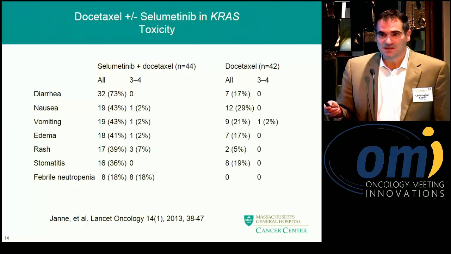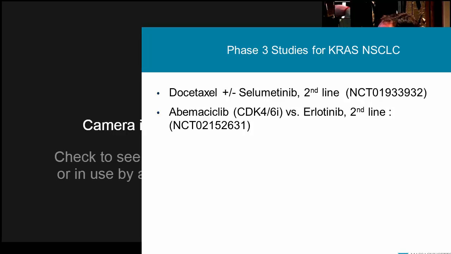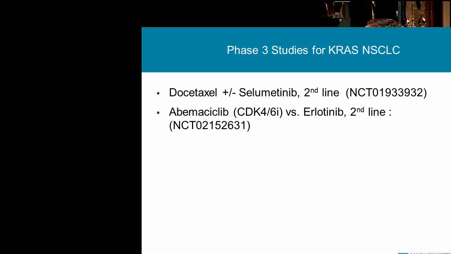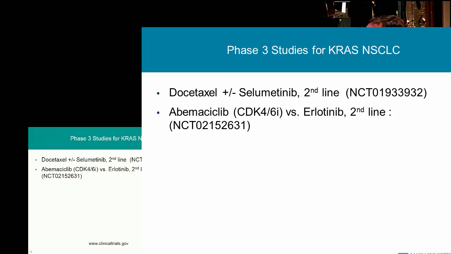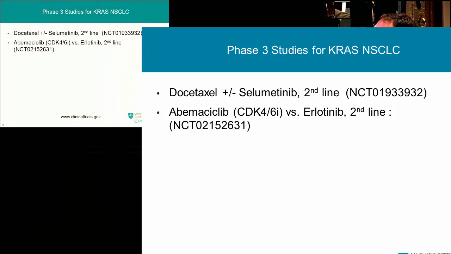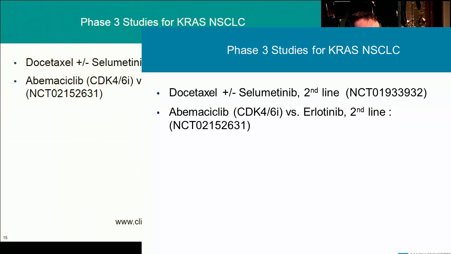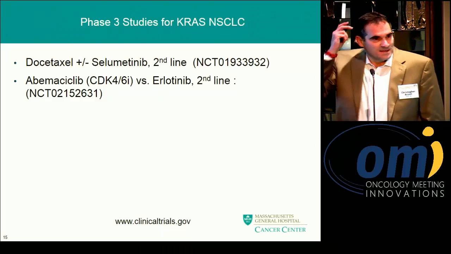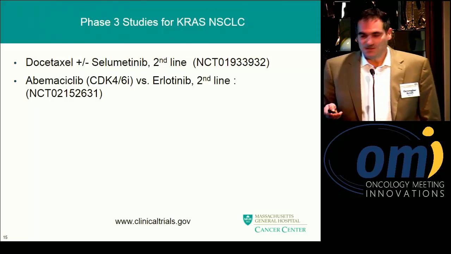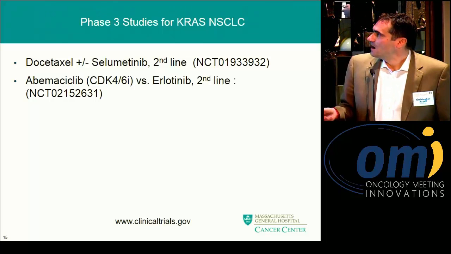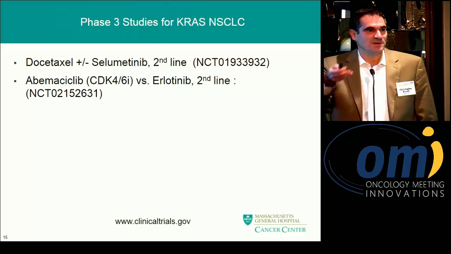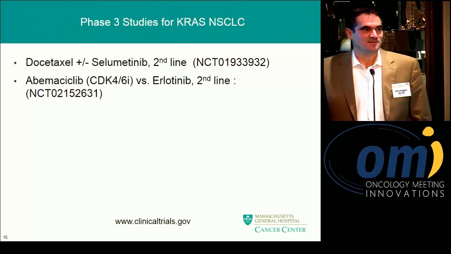So it is toxic, but it may be effective. And there's another phase 3 study out there using a CDK4/6 inhibitor, abemaciclib, taking on erlotinib head-to-head in previously treated KRAS mutant patients. A bit of a paper tiger taking on erlotinib in a KRAS mutant population. And I'm not sure what's happening with trametinib, but I think Dr. Blumenschein or others might comment.